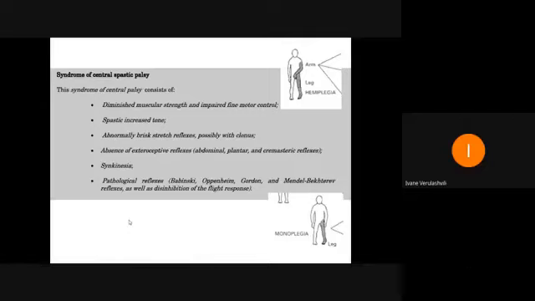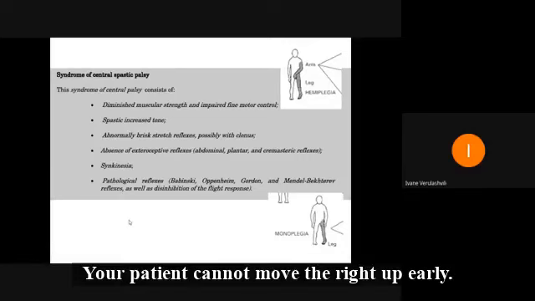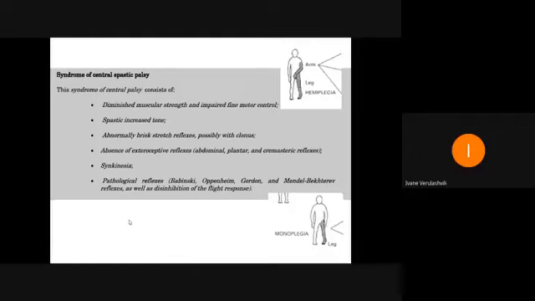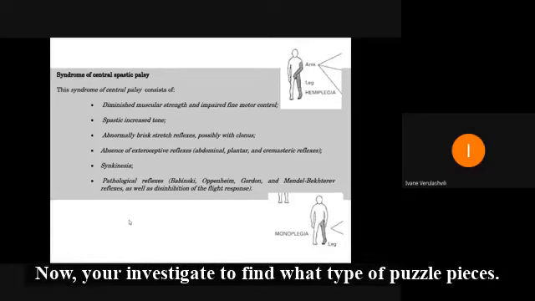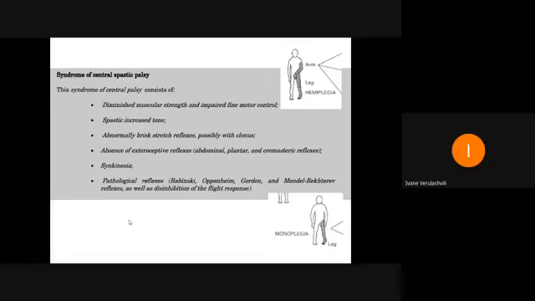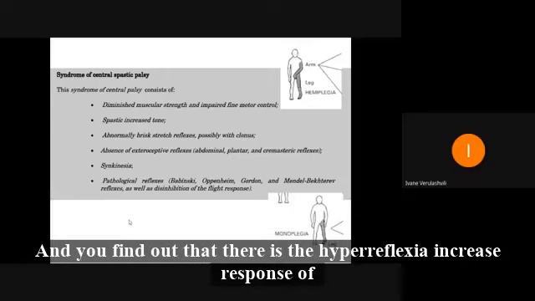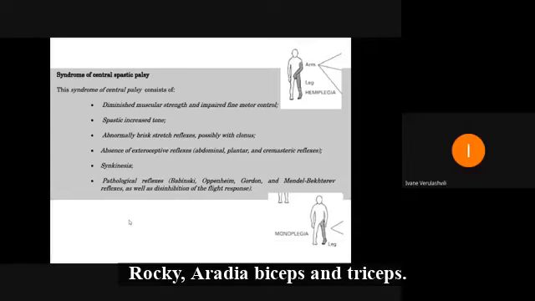For example, by comment, your patient cannot move the right upper limb. So you understand he has palsy. Now you investigate to find what type of palsy he has. And you find that there is hyperreflexia, increased response of brachioradial, biceps and triceps reflexes.